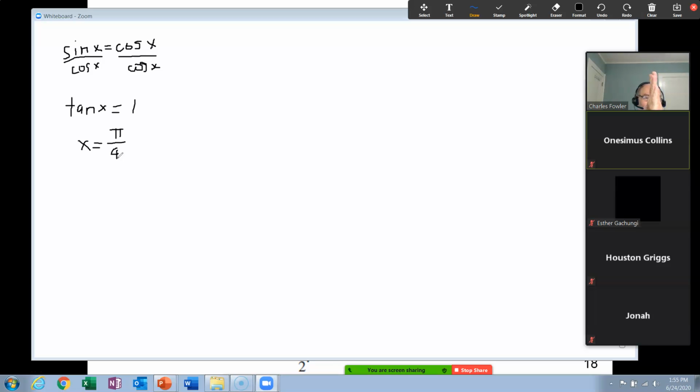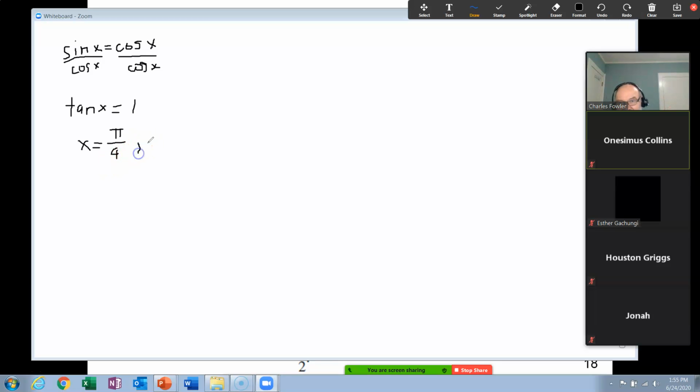The y value would be near negative infinity, coming up, crossing the x-axis again at pi, and then it goes up to 1 again, a quarter pi past that, which would be 5/4 pi.